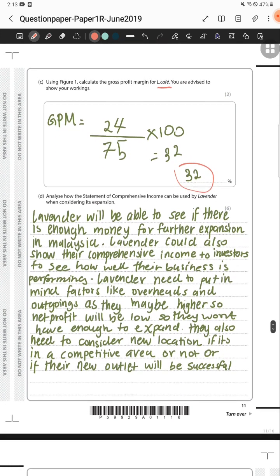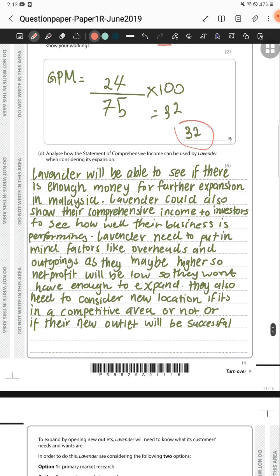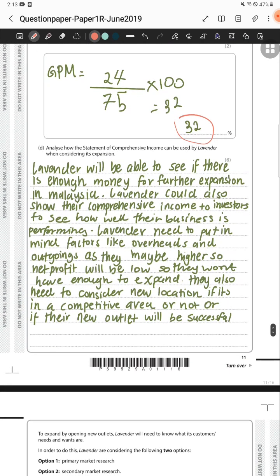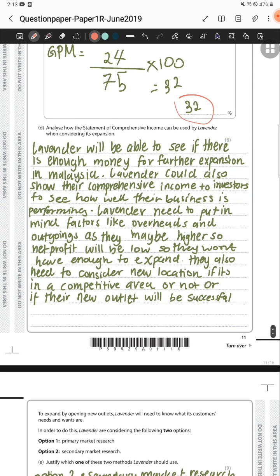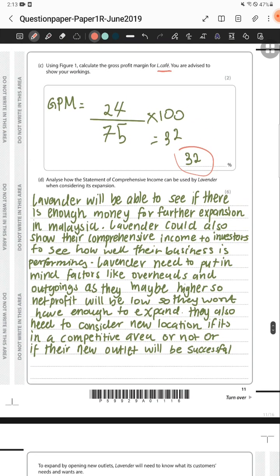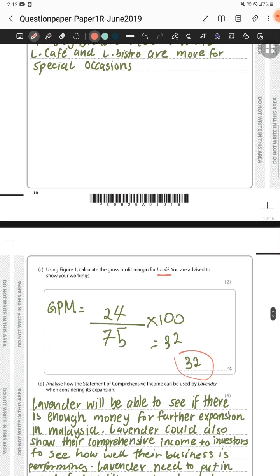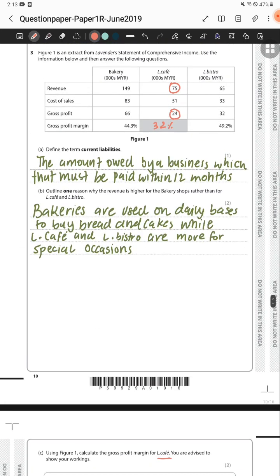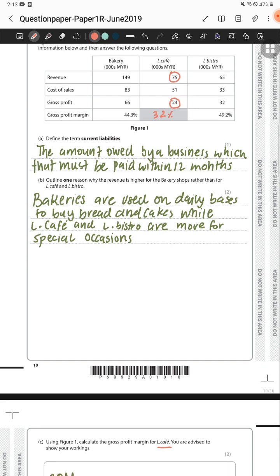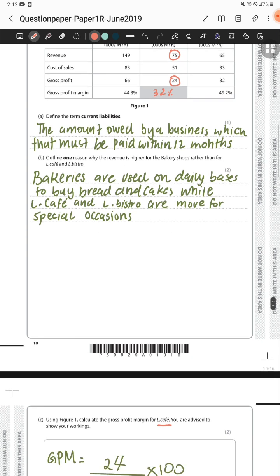They also need to consider the new location, if it's in a competitive area or not, or if their new outlet will be successful. Alright, so basically the comprehensive income is just to track the income and the performance of the overall business, because you can't simply expand like that.